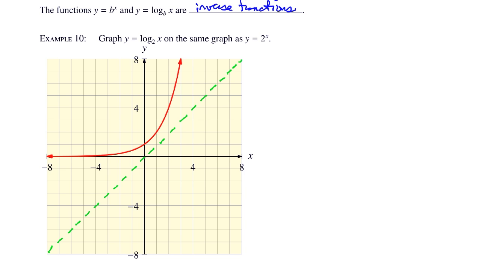So there's the line y equals x. And now all I have to do is take each point on 2 to the x and switch it around. I'll start with the easier ones. This is the point 0, 1. That means on the inverse function, the log function, that's going to switch over to 1, 0.